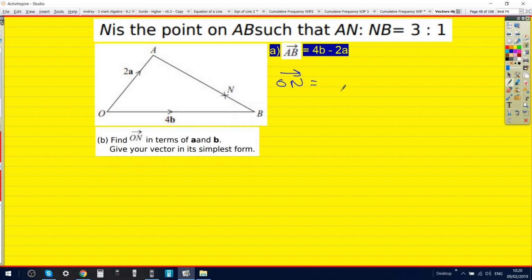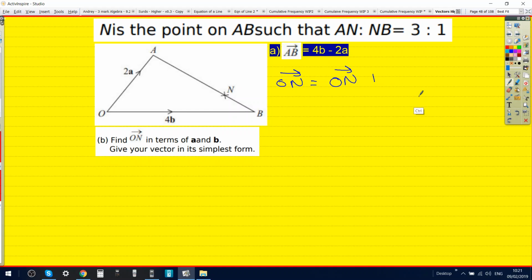You could do that. You could go O to B and then B to N. Or you could go O to A then A to B, and it's better to do it that way because we already have A to B. So it's O to A plus A to N.